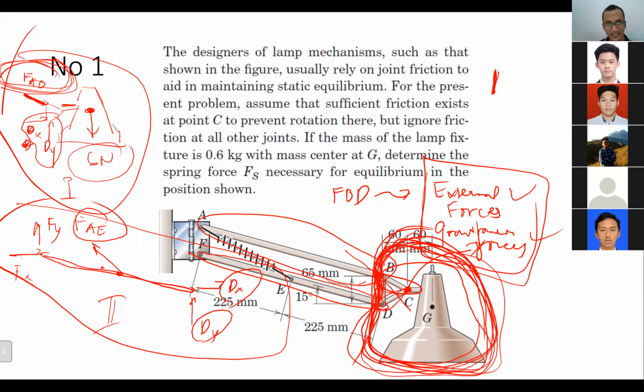So what is the one that is external? FED is external. Due to FED there will be two forces, dx and dy. And due to AB there will be one force, FAB. Another one that I'm supposed to draw is the gravitational force, this one, 6 Newton.